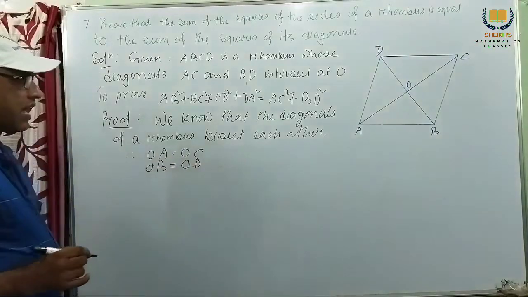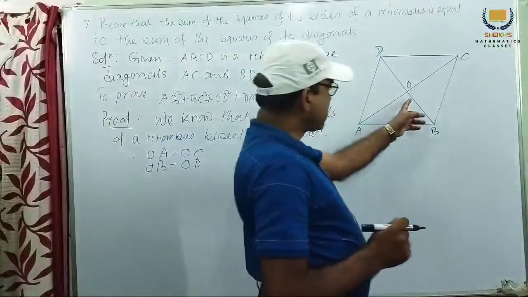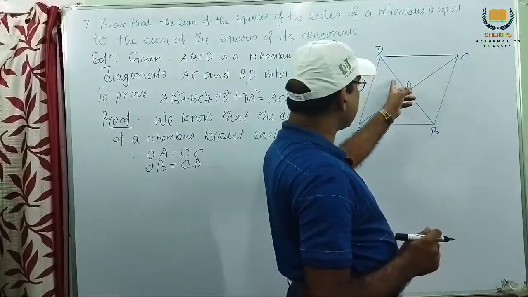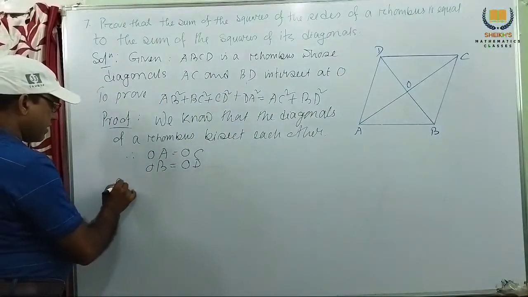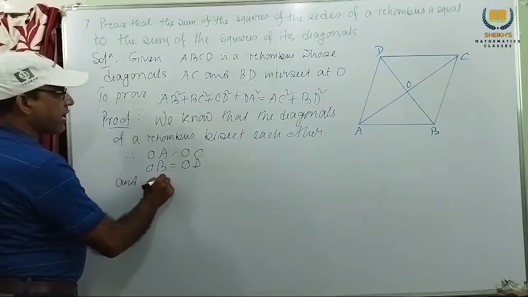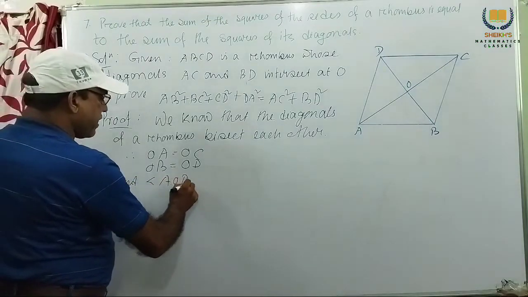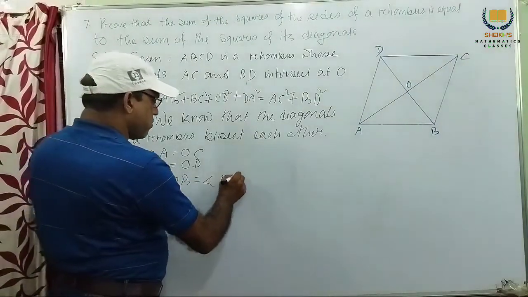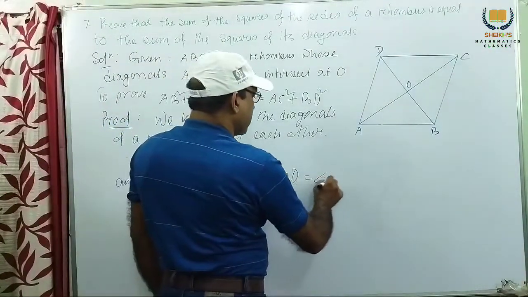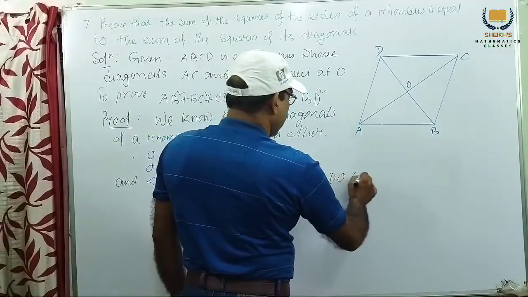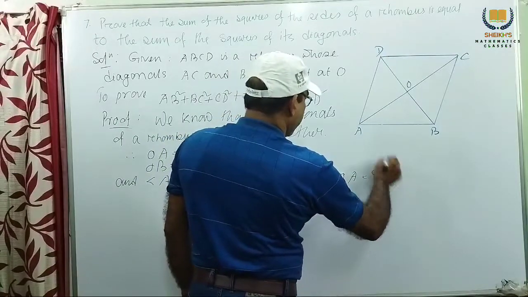We get this, and also we get this angle equal to 90 degrees: angle AOB equal to BOC equal to COD equal to DOA equal to 90 degrees.